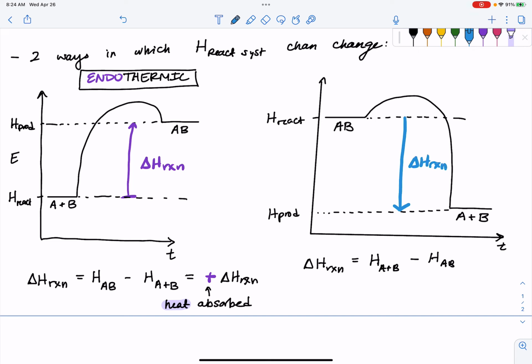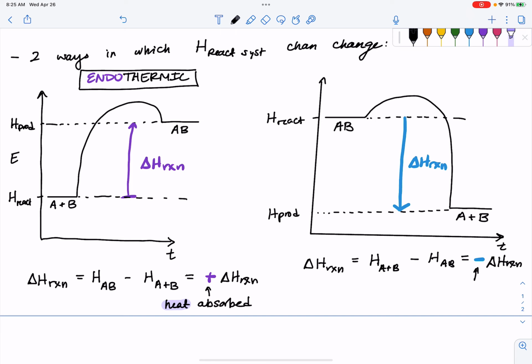And because I saw this difference where I went from a high energy state to a low energy state, I am getting rid of energy, which means I have to be releasing it outward away from my system. So negative heat of reaction.